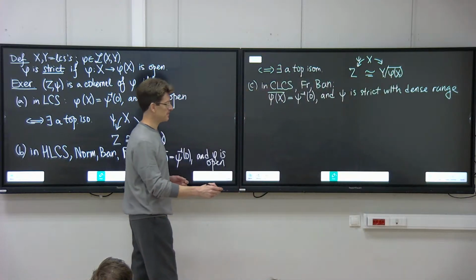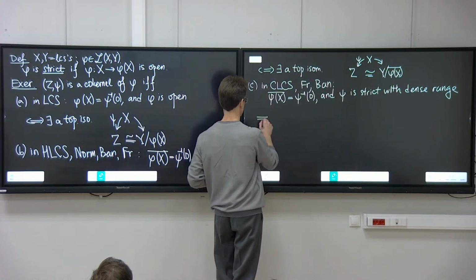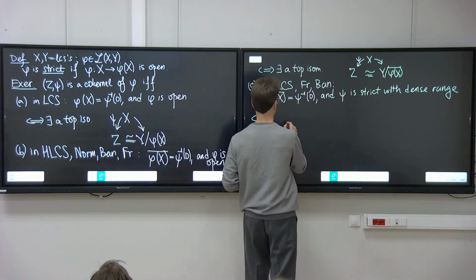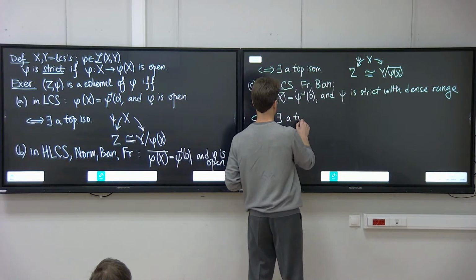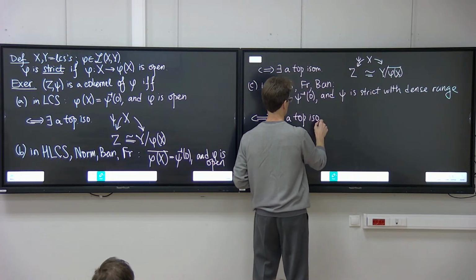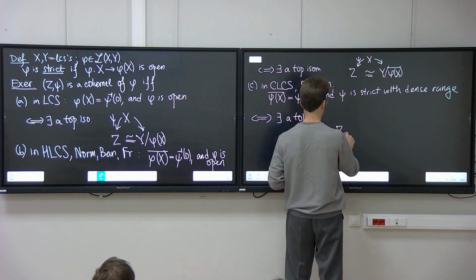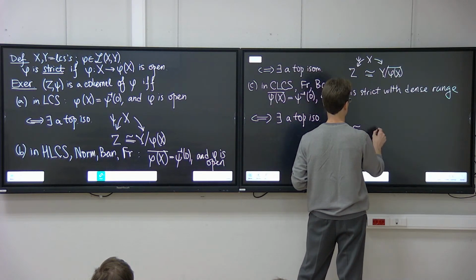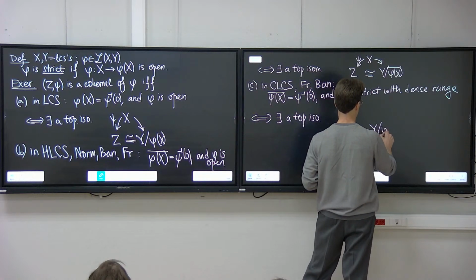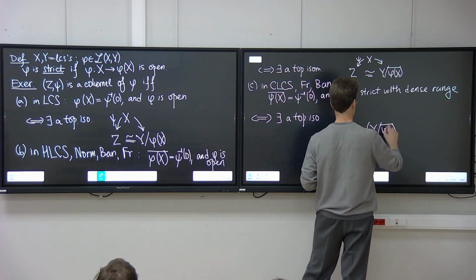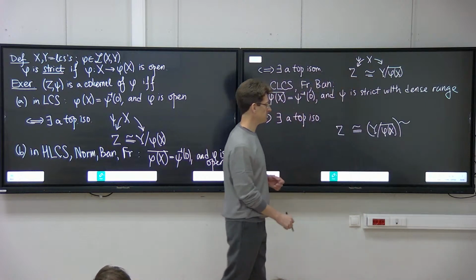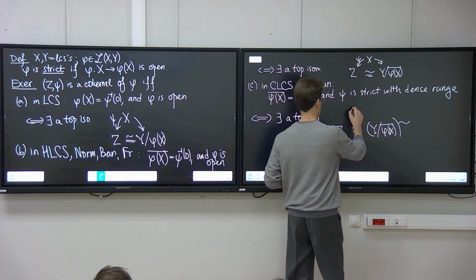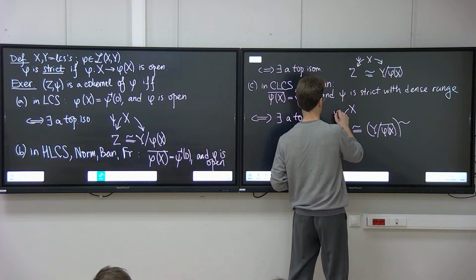And this can also be written in the form of a diagram. There exists a topological isomorphism between z and the completion of the quotient of y modulo the closure of phi of x. So the tilde denotes the completion, such that this diagram commutes.